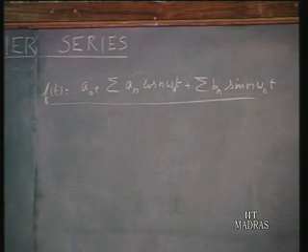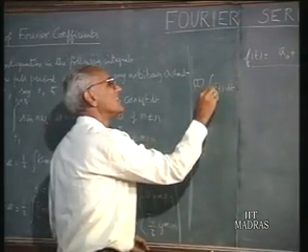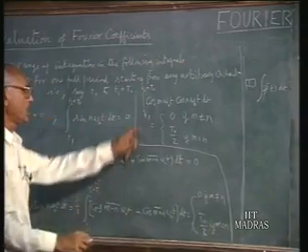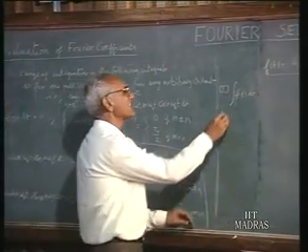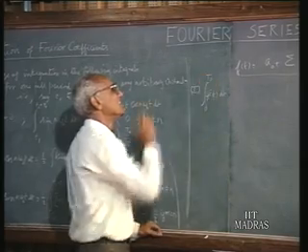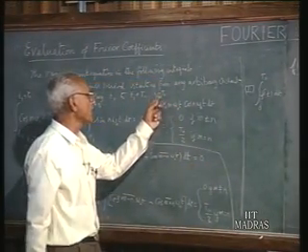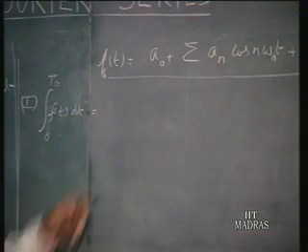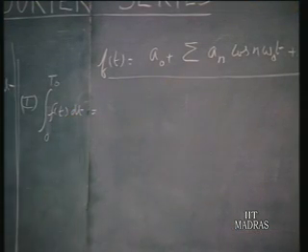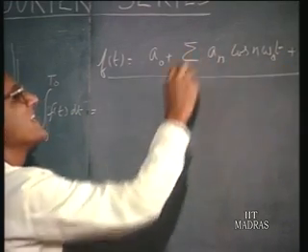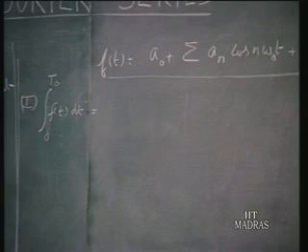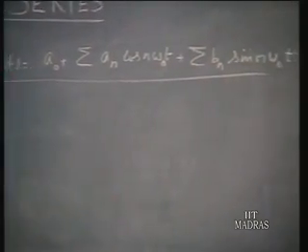Suppose you integrate both sides and you assume that as far as the right hand side is concerned, you can carry out the integration term by term. Then we have the integral of f of t dt. Once again the integration can be from t1 to t1 plus t0, or for the sake of convenience let me say it as 0 to t0. It could be from any arbitrary small t1 to small t1 plus t0. Now similarly on this side, if you carry out the integration for each one of these terms, by virtue of the results that we have already established, each one of them will have 0 average value over a fundamental period.